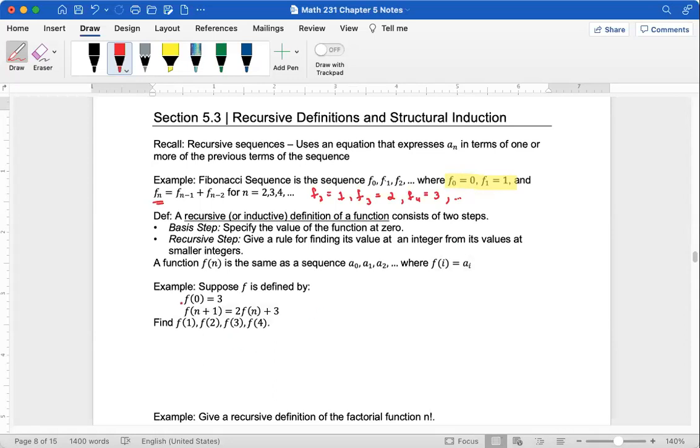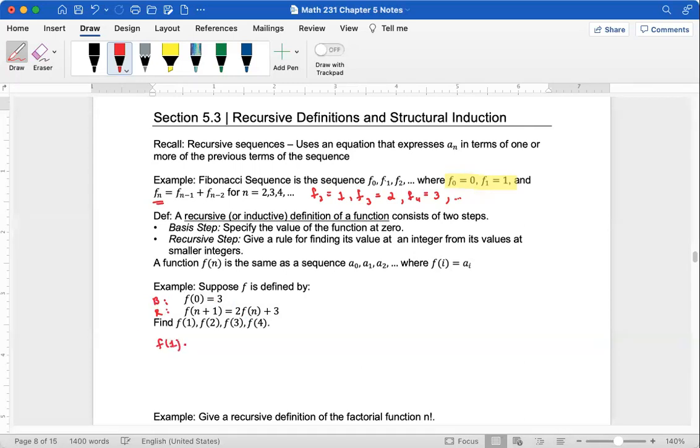We start with f of 0 equals 3. That is like our basis step here, okay? And then we give the recursive step. This is the formula. So each new term is produced by f of n plus 1 equals 2 times f of n plus 3. They ask us to find f of 1. So let's do that.